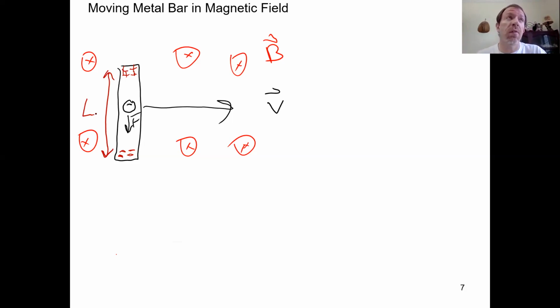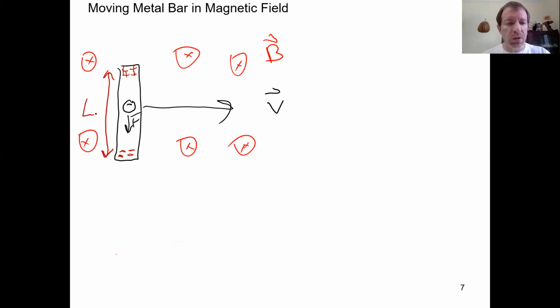So can you guys think of another situation where we've got charge separated? Where something's got a positive side and a negative side? Batteries. Yeah, a battery.